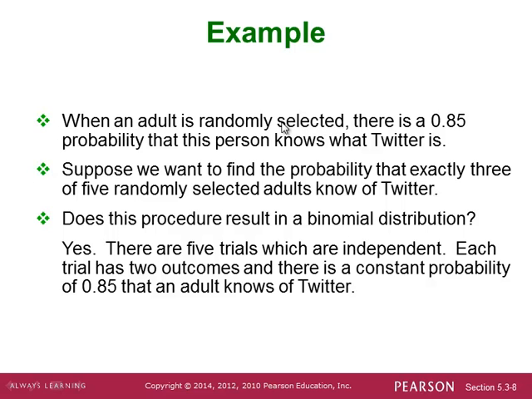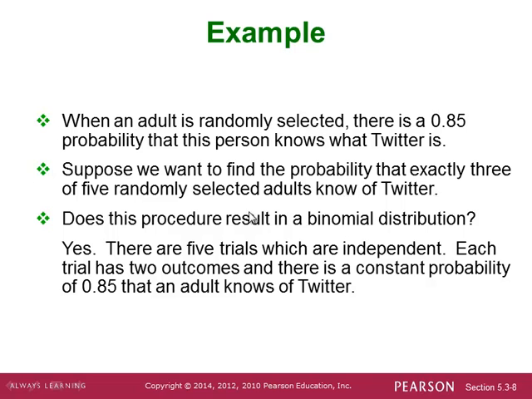Now we're going to do a little experiment where we're going to randomly select 5 adults from somewhere. Could be in the grocery store, could be on Facebook, could be at the bingo hall, at the VFW, wherever. We're going to randomly select 5 adults, and we're going to ask each of them the same question: do you know what Twitter is? And the probability that 3 of the 5 adults will know what Twitter is, we'll do that calculation here in a few minutes. But that's an example of a binomial sort of experiment.